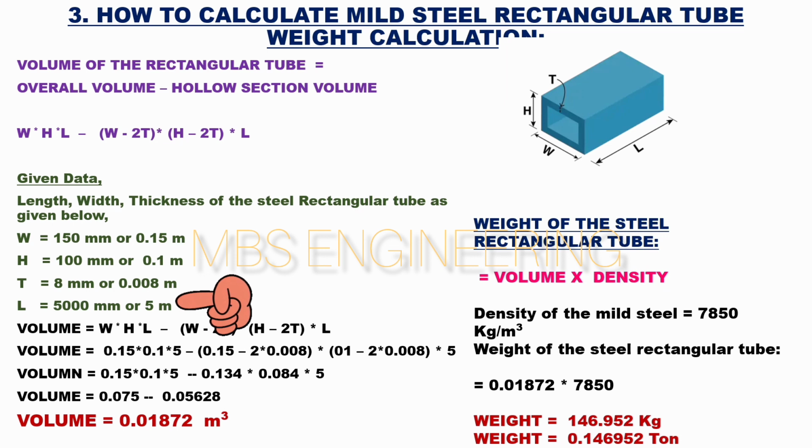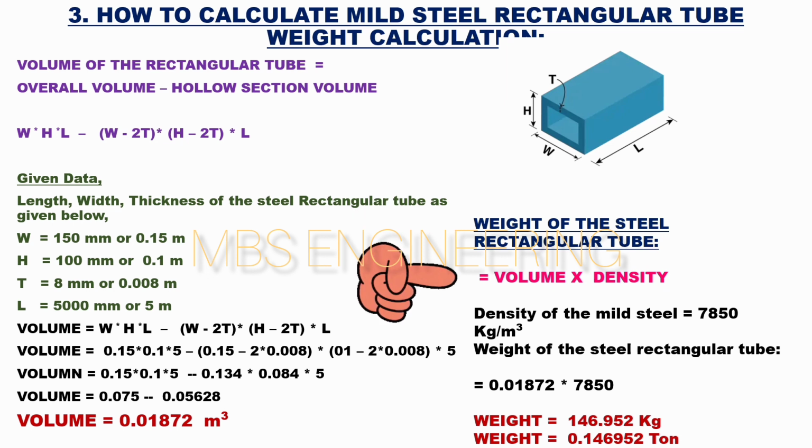The fourth given data, length L, is 5000 mm or 5 meters. Based on the above equation and the given data, the volume of the mild steel rectangular tube is 0.01872 cubic meters.